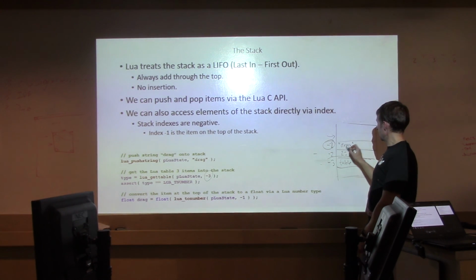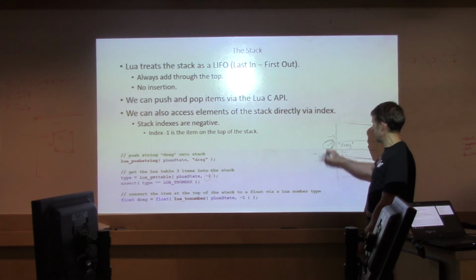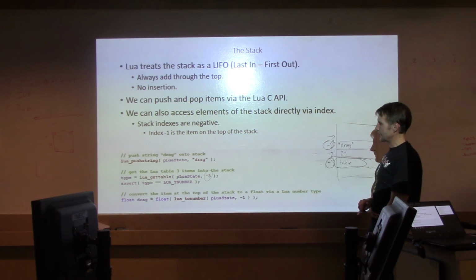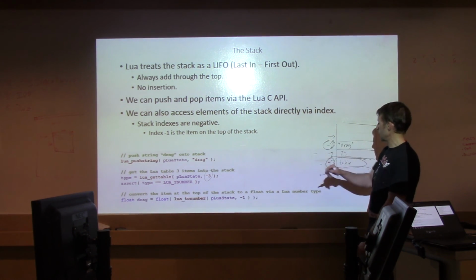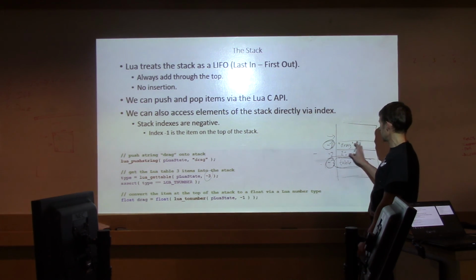So I say, get out of the table at the -3 entry in the stack, assuming my key is the last item I pushed, the value associated with key drag. And it's going to replace that key there with whatever the drag is.